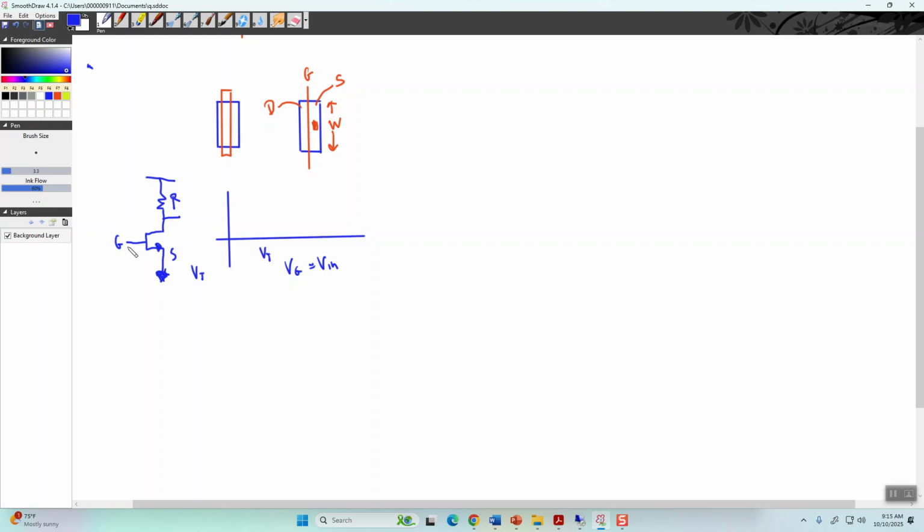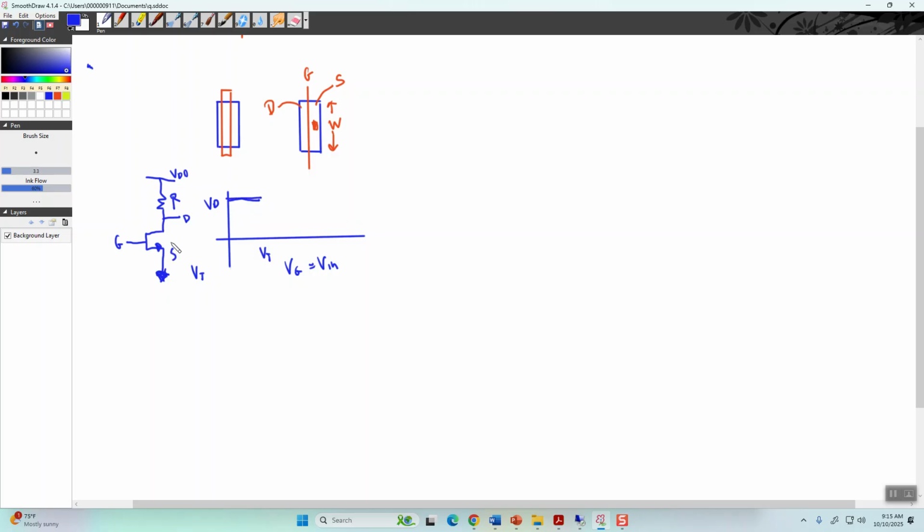Well, if this voltage is below threshold, no current will flow, and that means there can be no voltage drop across the R. So VD equals VDD.